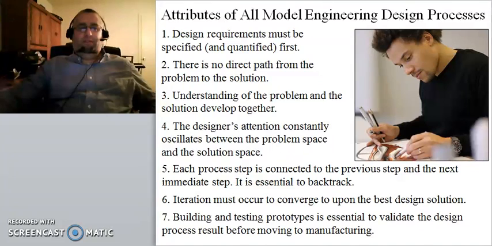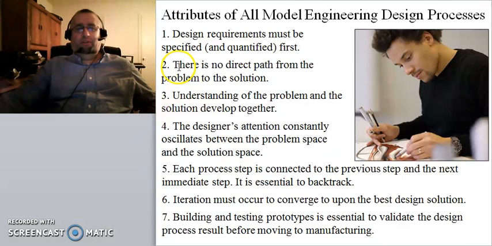Okay, so now that we've looked at those 3 different suggested processes, we're going to extract from them 7 commonalities. So these are attributes of all model engineering design processes, regardless of how complex those processes become. So the first one is to establish the design requirements, and this must happen first, so you know what the problem is that you're actually trying to solve.